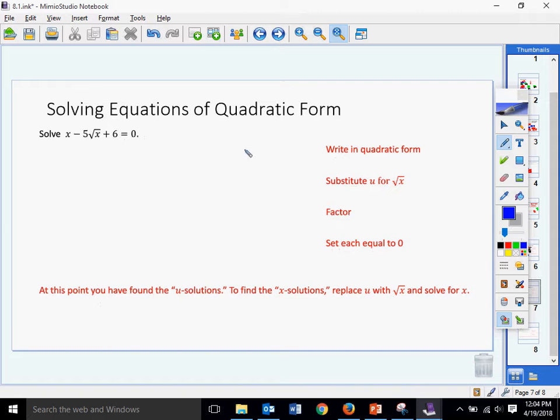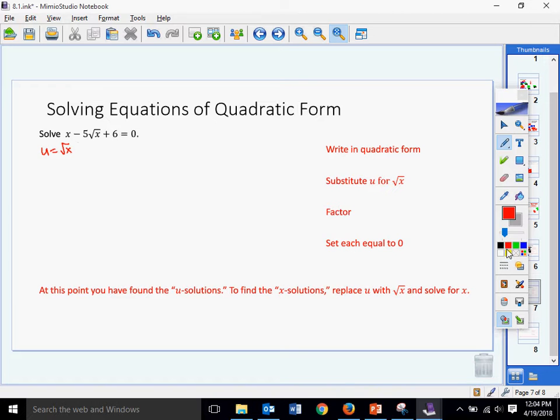Let's try another one, trying to write it in quadratic form. So I always want to look at my middle term, and ask what is being multiplied by the number 5? Well, the thing being multiplied by the number 5 is the square root of x. So I'm thinking that might be my u.